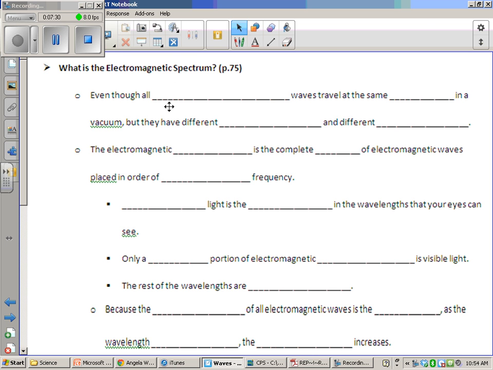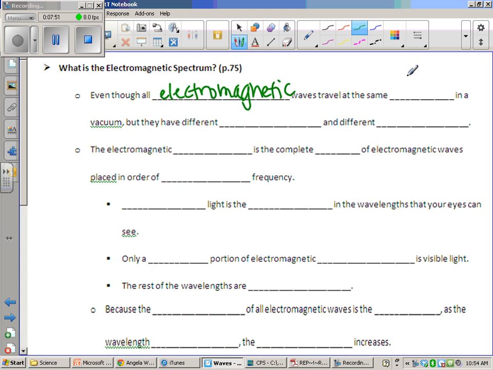Well, what is the electromagnetic spectrum then? You might have heard that before. When we were talking about different types of energy, we mentioned the electromagnetic spectrum. So even though all electromagnetic waves travel at the same speed in a vacuum, they still have different wavelengths and different frequencies.